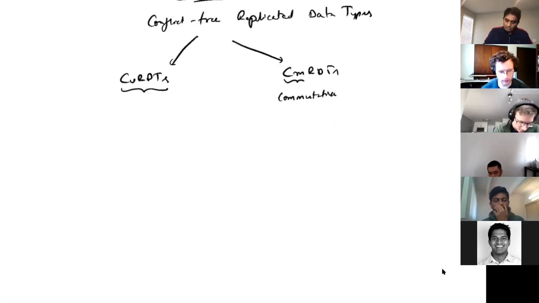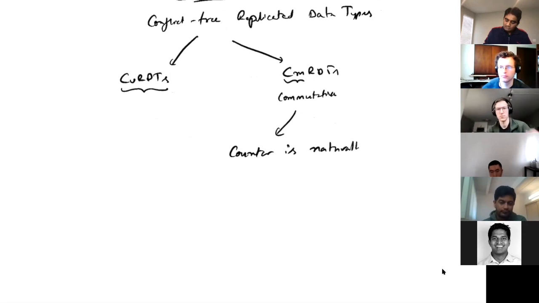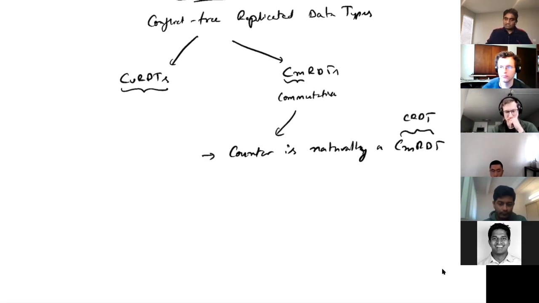Okay, so we have seen that a simple counter is naturally a CmRDT, therefore a CRDT. What else? Let's take a set, right?